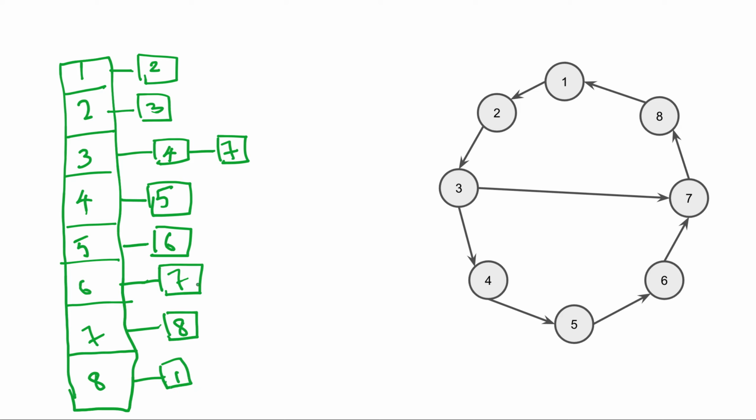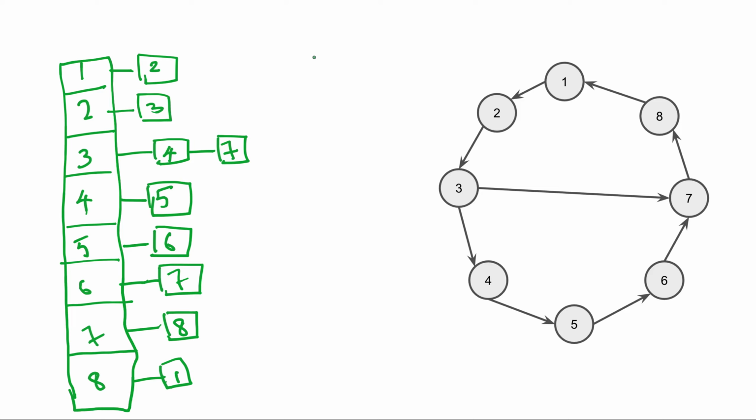When you look at this representation, then you compare with the corresponding adjacency matrix representation. So you will see we have saved a lot of space for representing a graph in adjacency list representation.